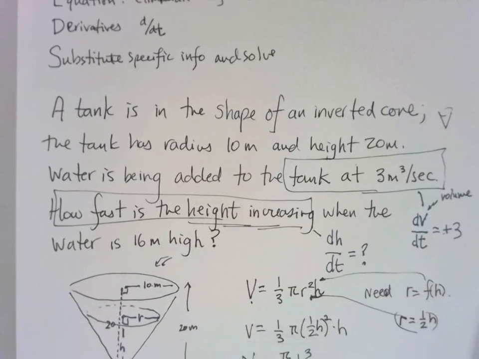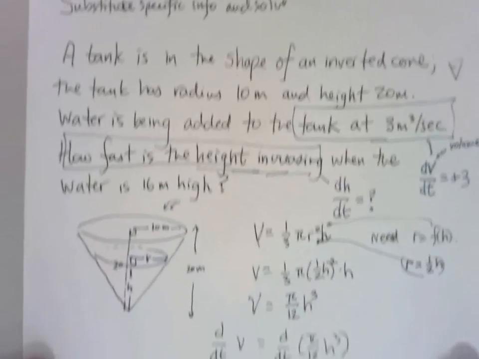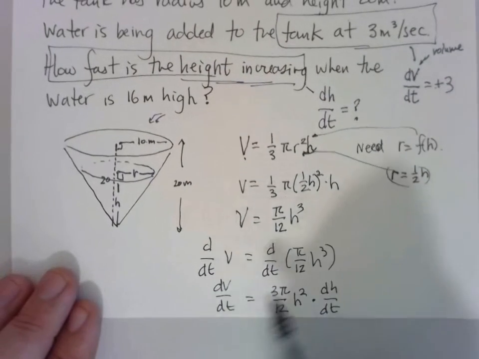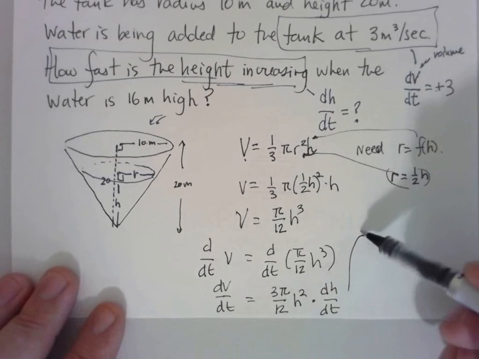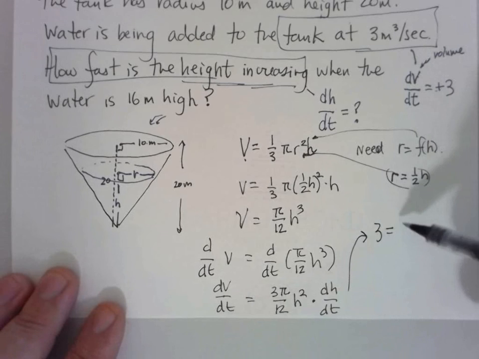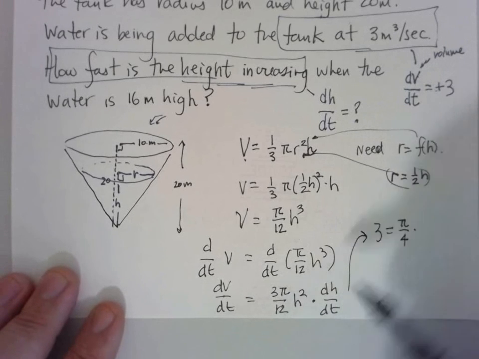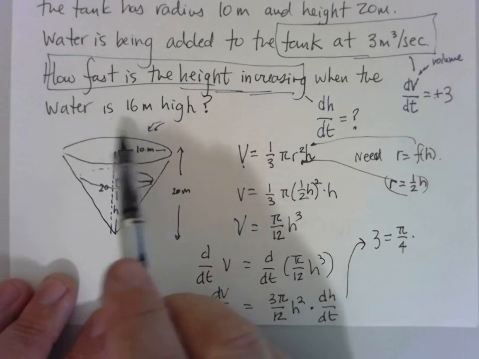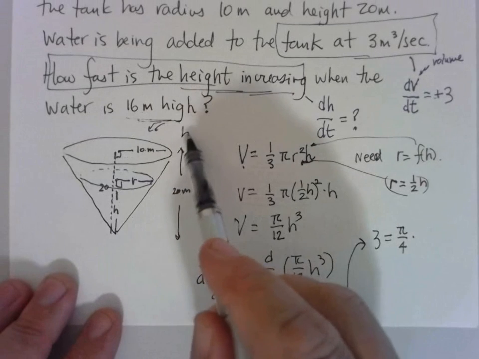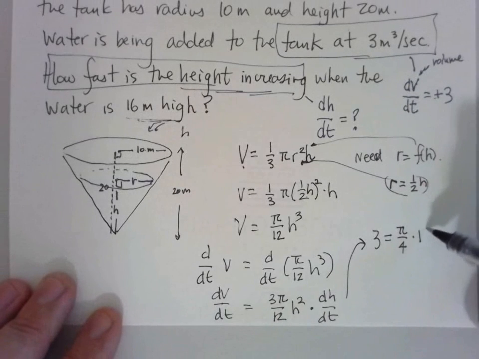Finally, substitute the specific information and solve. So let's look at what we've got here. dV/dt I know is plus 3. 3 pi over 12 reduces to pi over 4. My question says, how fast is the height increasing when the water is 16 meters high? So that's a height. That's h. So I'm going to put 16 squared here. And then my unknown that I'm trying to solve for is dH/dt.